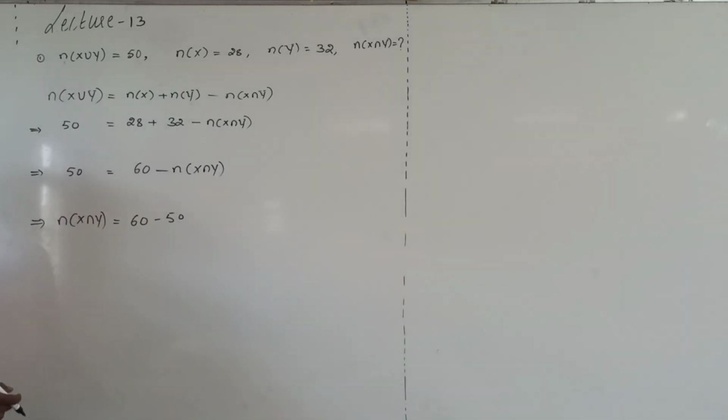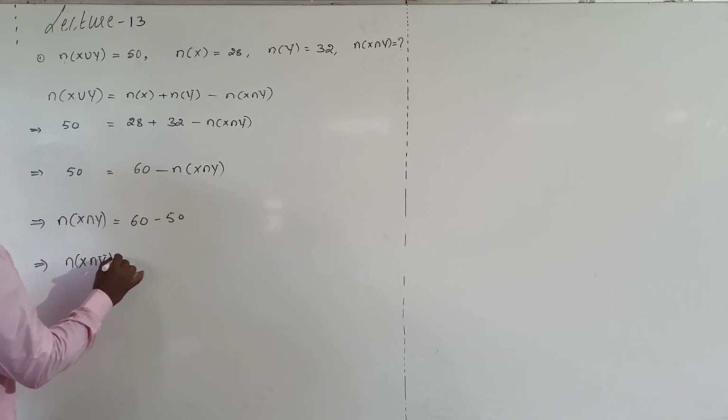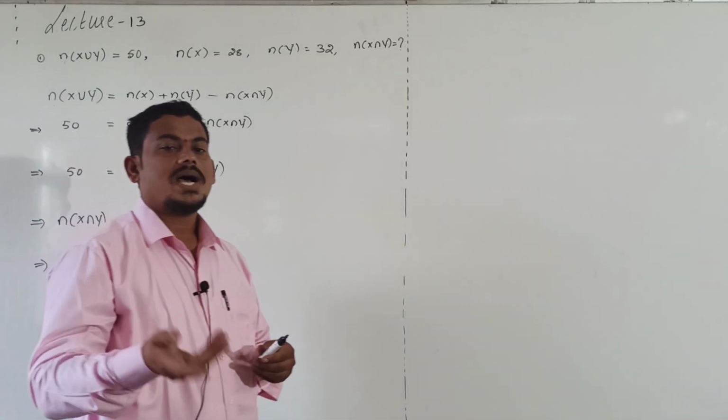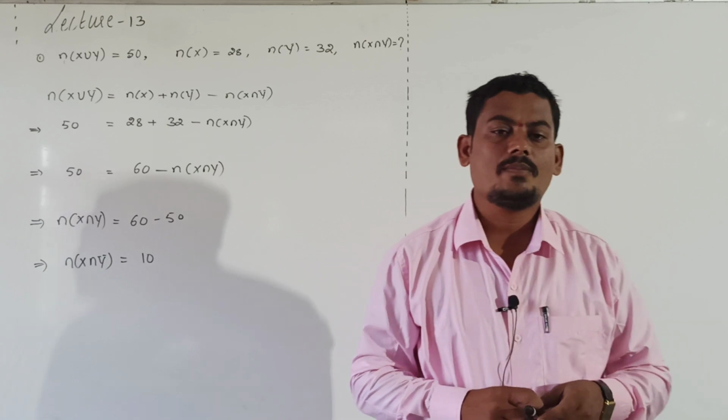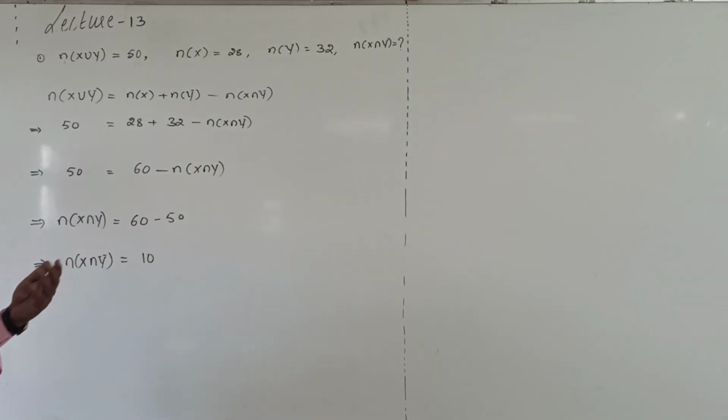Send this term to the RHS, then n of X intersection Y is equal to 10. X intersection Y has 10 elements.